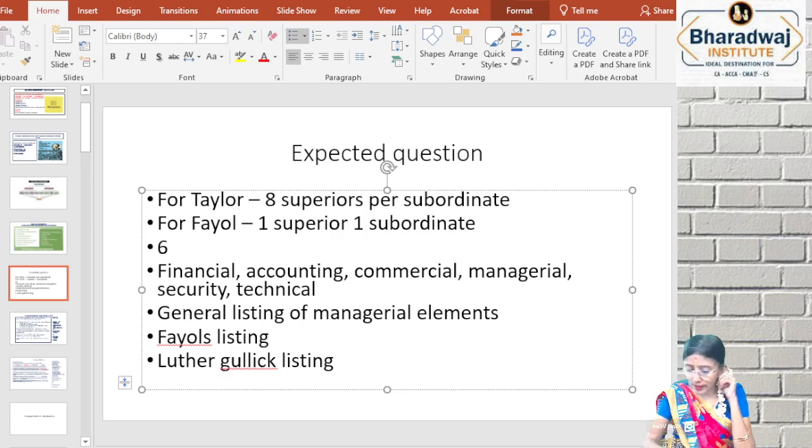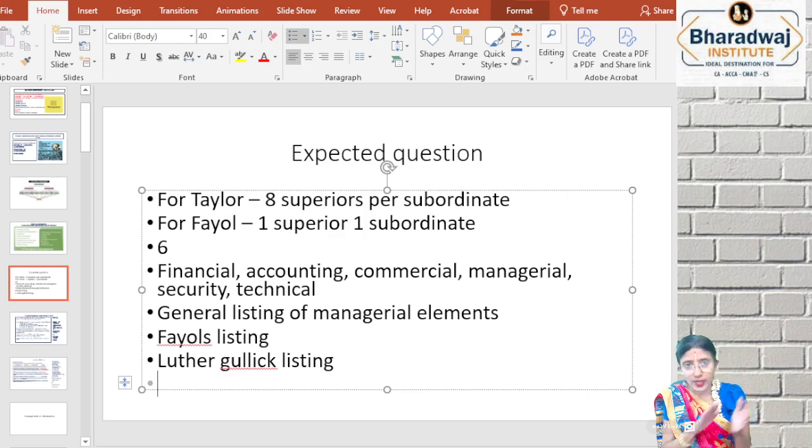I think Luther Gulick's listing will be in the planning topic, if I'm right. That's where I gave you. Anyways, we will see. We know that it's Luther Gulick and that's not a problem. But here itself, oh, it's given there itself, no? In the first topic itself. In Fayol itself, it's given.